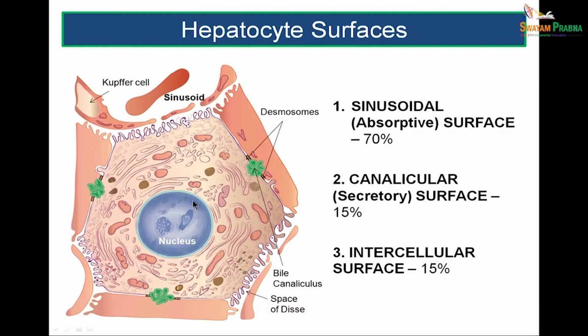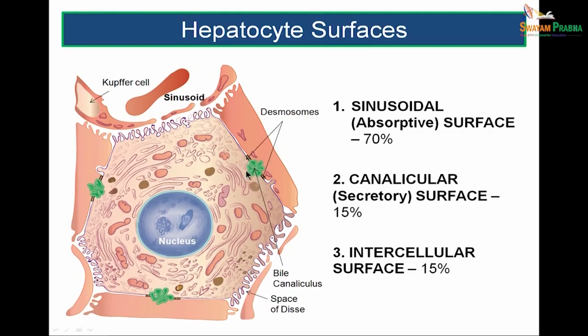If we would like to study the hepatocyte further, let's look at the surfaces. So when we say surface, here there is a surface. This surface lines a sinusoid, so that is called the sinusoidal surface, and it is absorptive in function. It makes up 70% of the total surface area of any hepatocyte. Then there is a canalicular surface, the green structures that you see here.